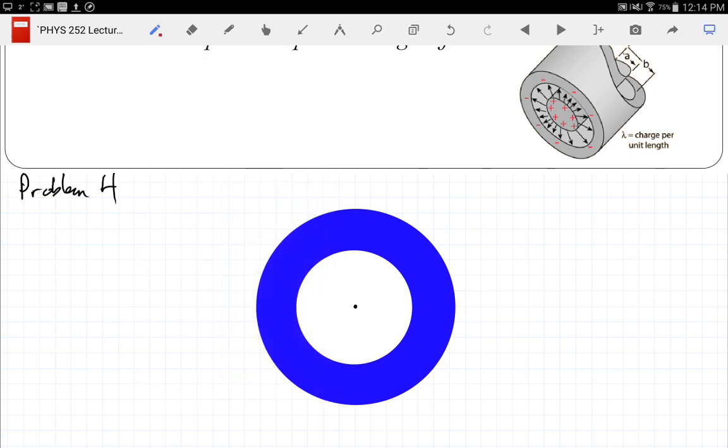So this is our situation, and we have an inner radius of A and outer radius of B. Notice I put the B so it crosses over so we realize it's that entire line that's B. And then it tells us that we have a charge density.